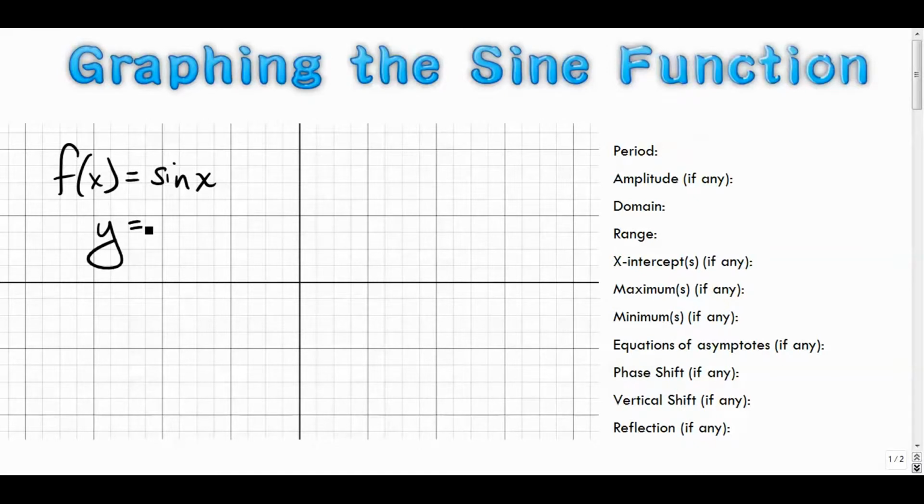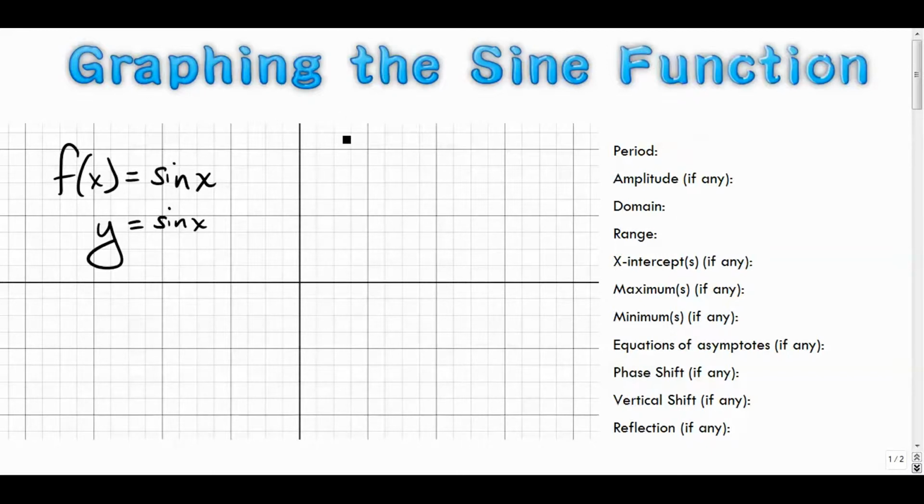We can replace f of x with y, and this is just a mapping from x's to y's. It just so happens that this sine curve is very cyclical. It's extremely useful not only in trigonometry, but you can also apply it to the real world in a lot of different ways. So let's go ahead and get started.